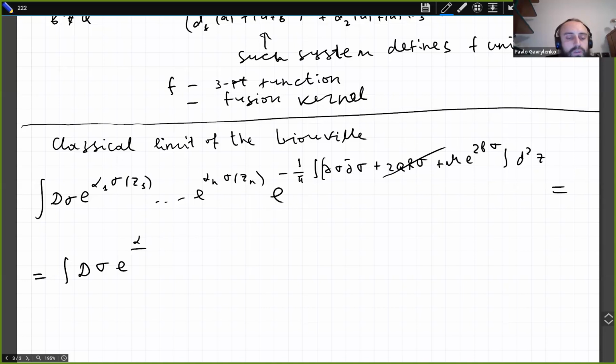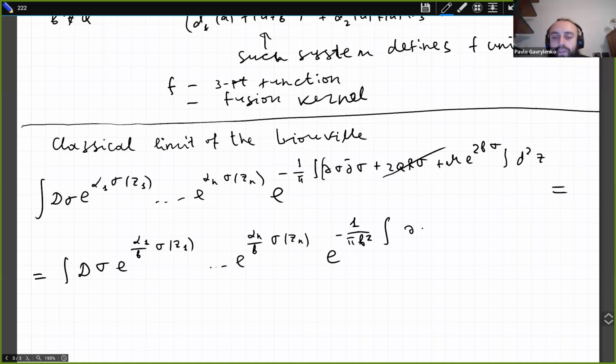And then we will have alpha 1 over b, sigma of the 1, e to alpha n over b, sigma of the n, e to minus 1 over pi n b squared, and of the sigma, the bar sigma plus mu b squared e to the 2 sigma.